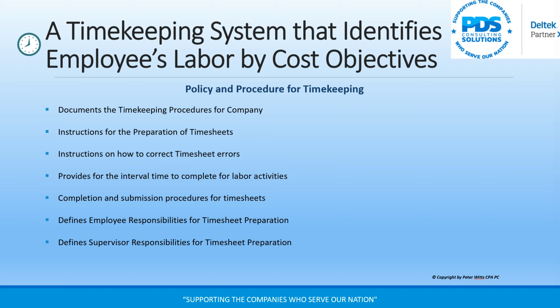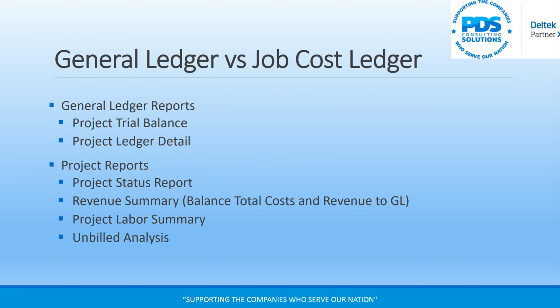So we want to be able to have the instructions for the preparation of the timesheets, how corrections are made to the timesheets, what intervals they're made in, basically all procedures there for completion and submission of timesheets to your supervisors. And at that point, the preparation for supervisors to be able to review, to be able to run reports, and to analyze the cost and make sure that charges have been properly placed on the timesheet.